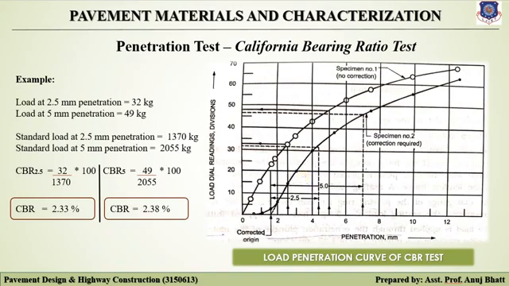The typical curve may be obtained as shown in the figure. The normal curve is with convexity upward, as for specimen 1. Here you can see this is a normal curve for a subgrade soil, with convexity on the upward side.